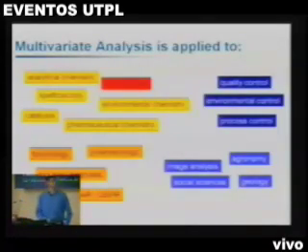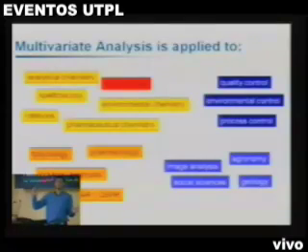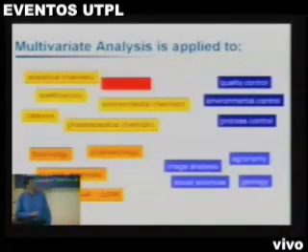Okay, these are some fields where you have numerical tables with values and you can apply these methods. For example, analytical chemistry, spectroscopy, environmental chemistry, pharmaceutical science, of course, food science. I did my PhD thesis in food science, so multivariate statistics applied in food science.